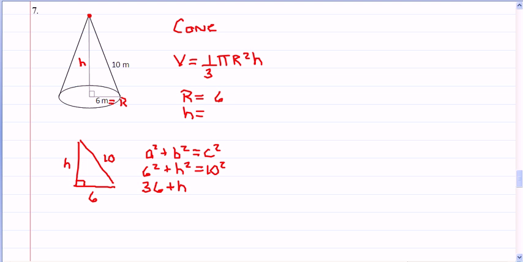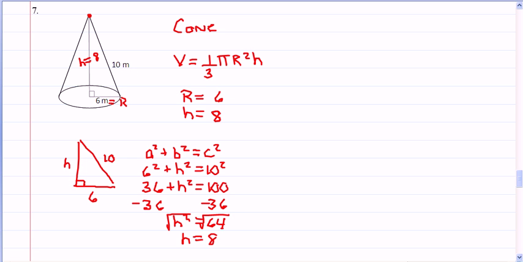So we have 36 plus h squared equals 100. And if I subtract 36 from both sides, I get h squared is equal to 64. Take the square root of both sides, and I get a height equal to 8. So my height is 8.